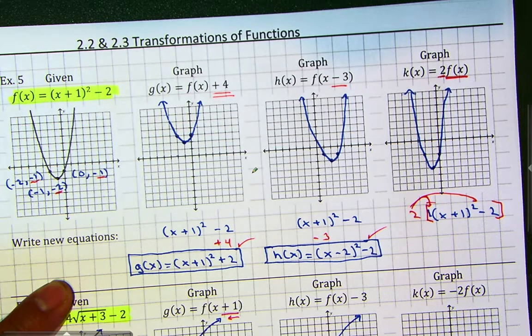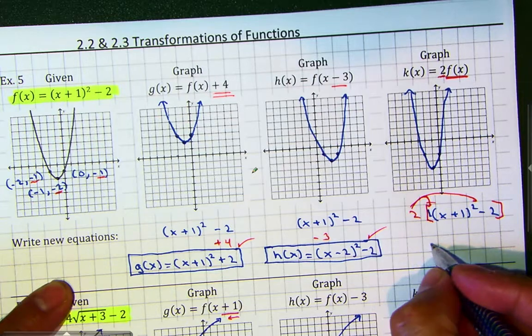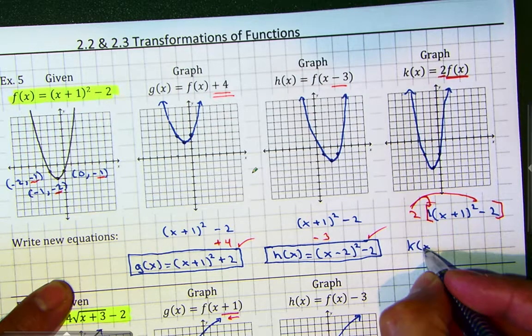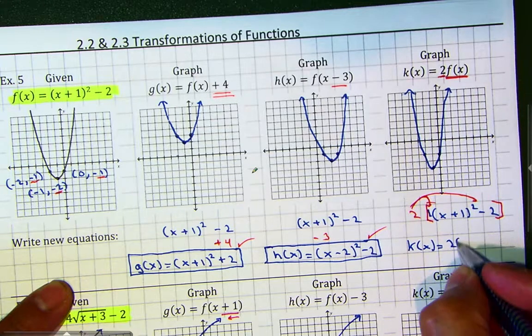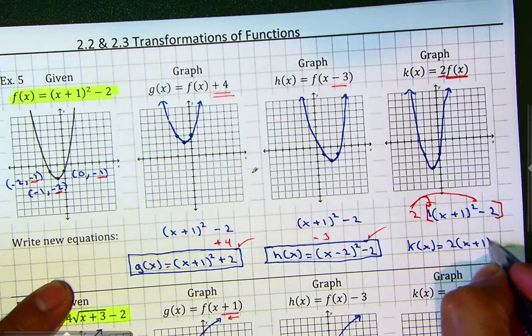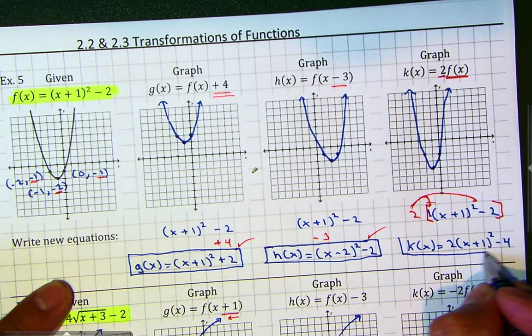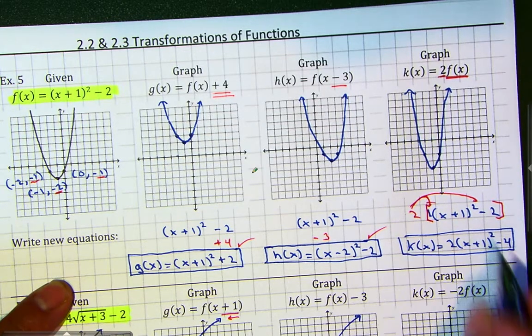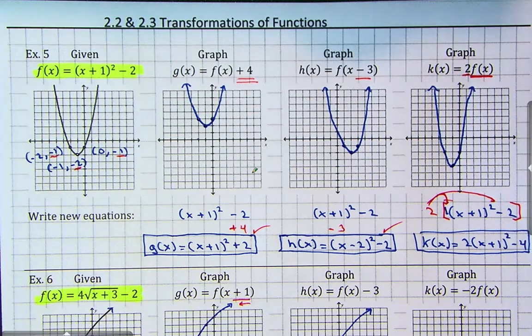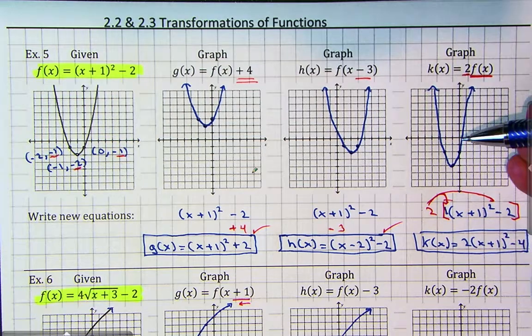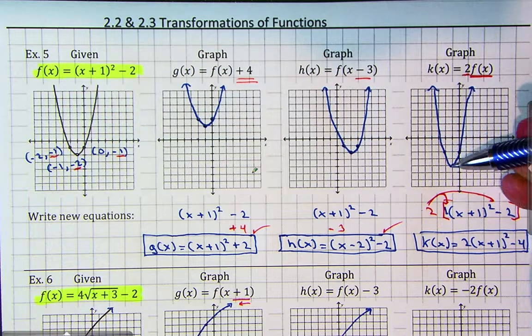So therefore, 2 times 1 is 2, so I'll have k of x equals 2, x plus 1 stays the same, and 2 times -2 is -4. And if we did it correctly, it should match your graph, where your vertex is -1, -4. It matches. My a value is 2, and that matches as well.